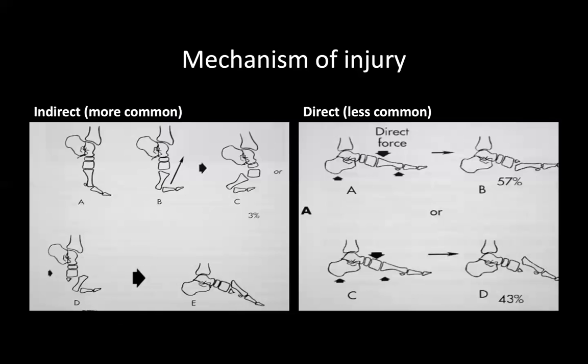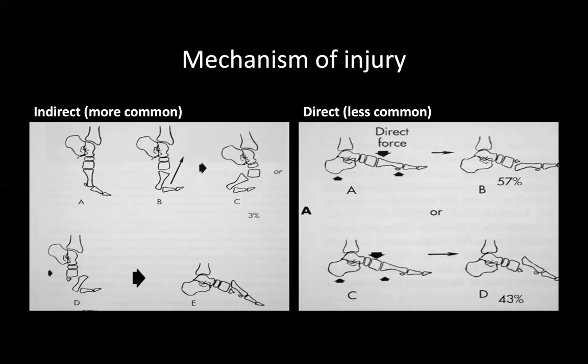How does it get injured? The most common mechanism is indirect. The classic is landing with body weight on a plantar flexed foot, or another classic example is landing on a plantar flexed foot and then, in football, another player falls on the heel, and there's this axial loading along the columns of the foot, and that leads to the Lisfranc injury.